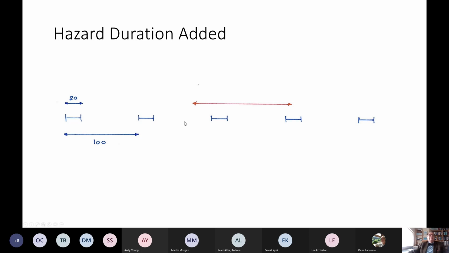We've got the same work pattern as you saw before, but here I've represented a hazard that persists for the period indicated there. And you can see that immediately the occupancy is inevitably 1. It's 100%. No claim could be made for such a hazard.